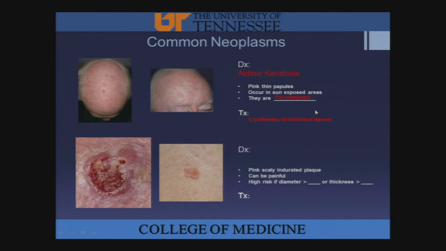It's not a topical steroid you use for these, by the way. So you're going to use the topical chemo creams for this, because we just said it's pre-malignant. And phototherapy as well.